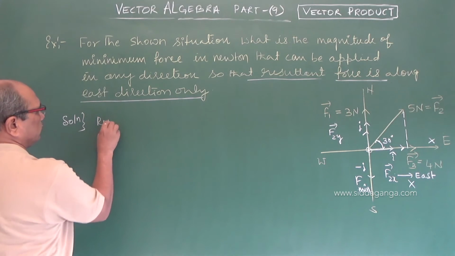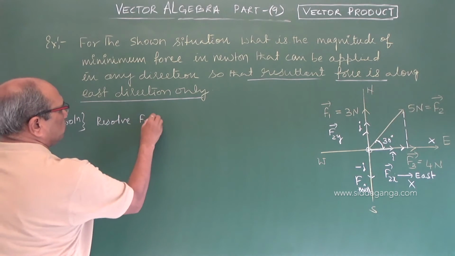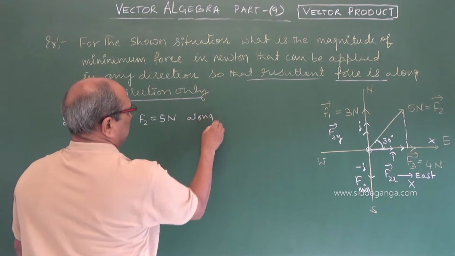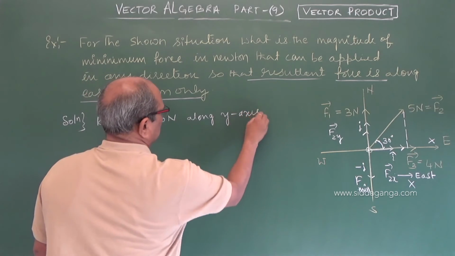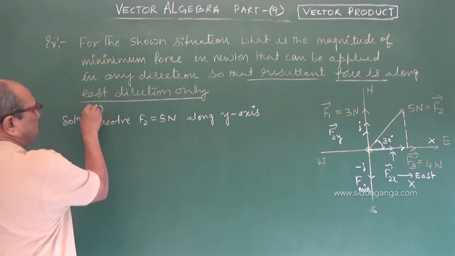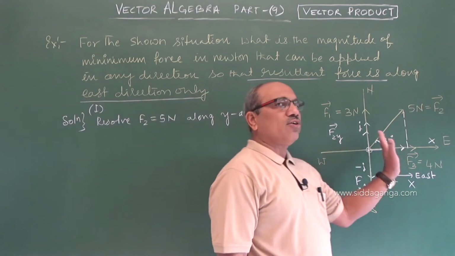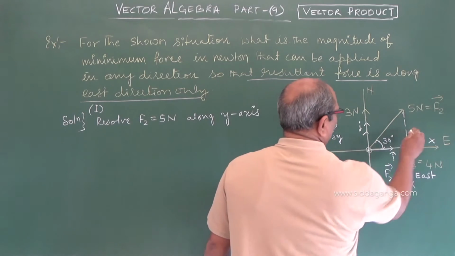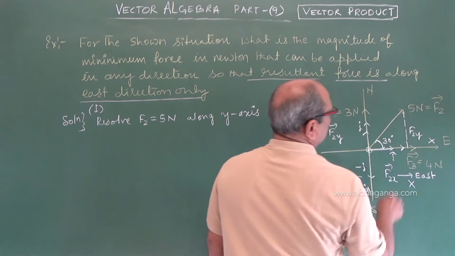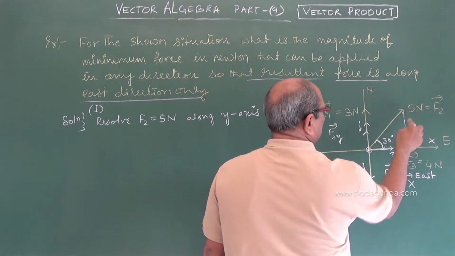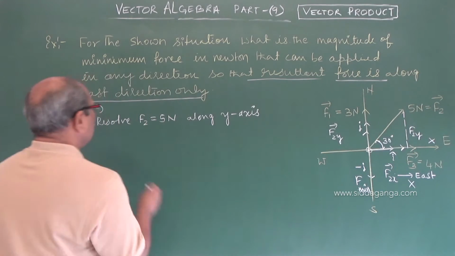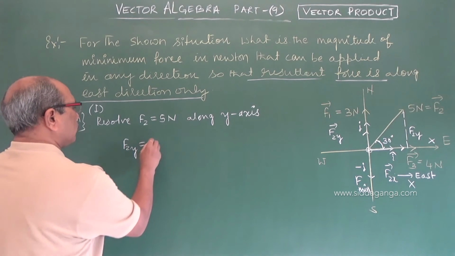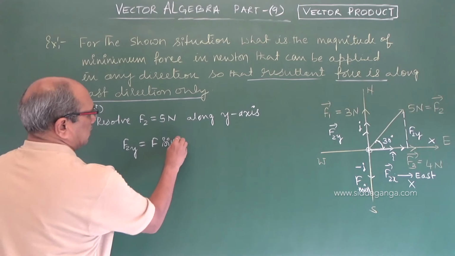Resolve first F2, equal to 5 Newton, along the y-axis, because I am not touching the x-axis component, as it is east, the direction already preferred for the final force. So this is F2y. Opposite side by hypotenuse gives you the sine function. Therefore, F2y equals F into sin 30.